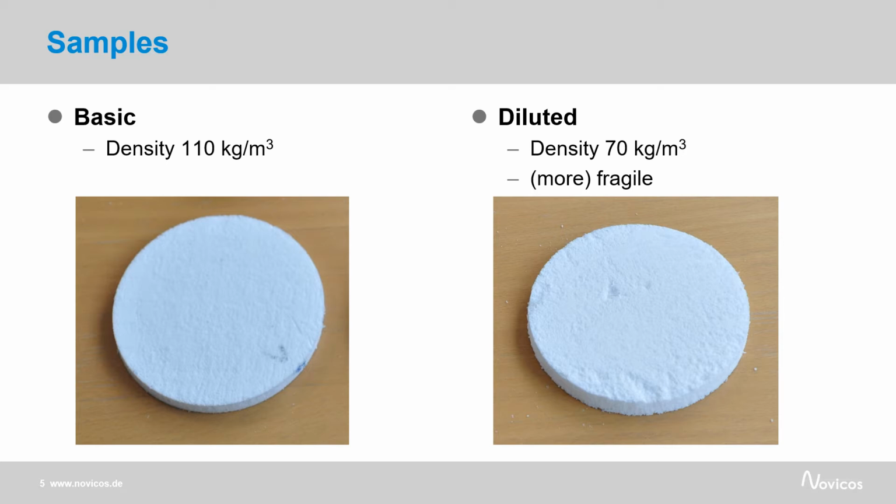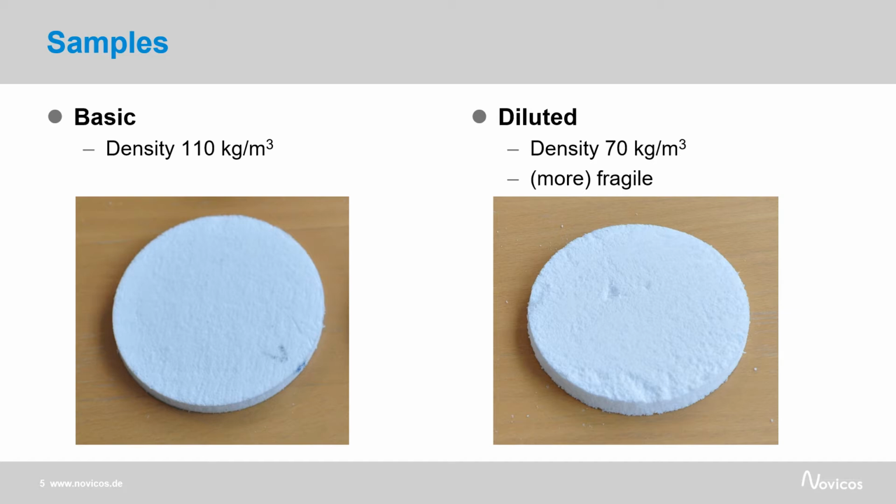Here you see the two flexible aerogels we will talk about. Starting with one recipe for the preparation of an aerogel, we got the sample on the left side, which is called basic in the following. It has a density of 110 kilograms per cubic meter.